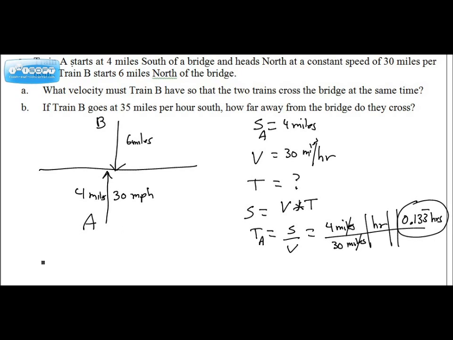Same equation. This is part B. My distance B from the bridge is 6 miles, I have a velocity of unknown, and a time of 0.133, which I most cleverly stored in my memory location A.